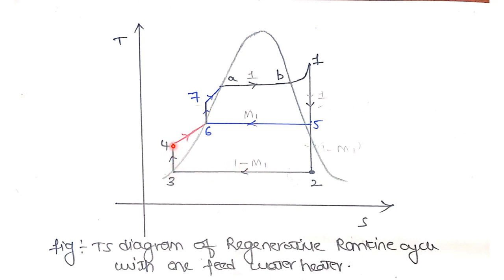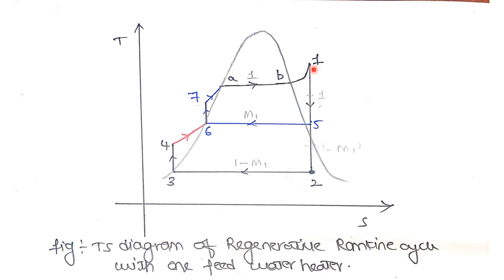Now for the turbine, you are expanding the steam in 2 different stages. Not actually 2 different stages, but a different quantity of steam is flowing in different parts of the turbine. From state 1 to state 5, unit quantity of steam is flowing. From state 5 to state 2, 1 minus m1 quantity of steam is flowing. So how do you extract this?